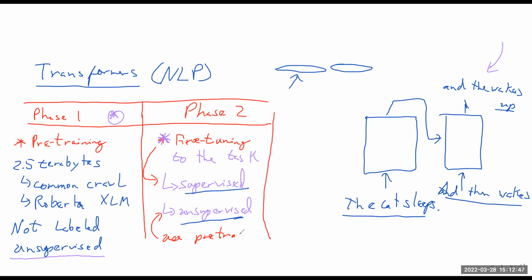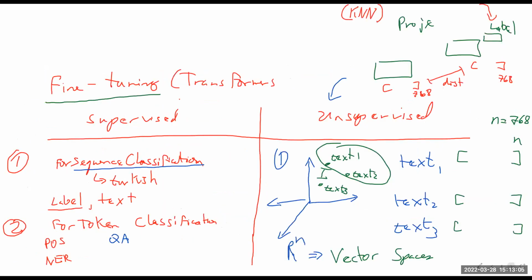There is maybe no element of fine-tuning, but it is just the second phase. That's why the better term was second phase over, let's say, fine-tuning. Is this concept clear enough, guys? Any questions? Okay, doesn't sound like there are any questions. So anyway, this is what we're doing today.